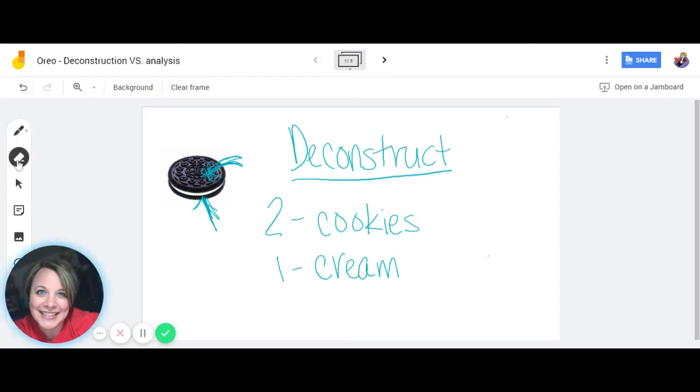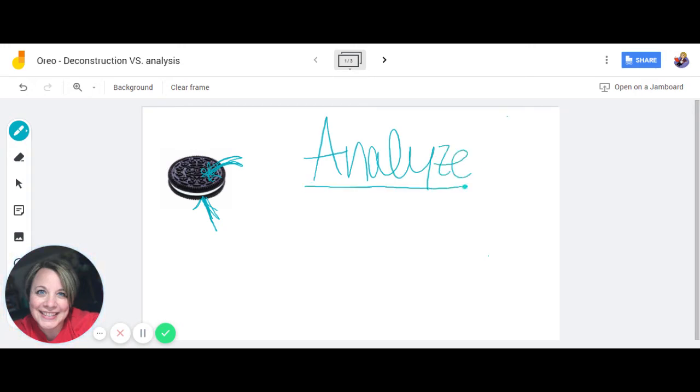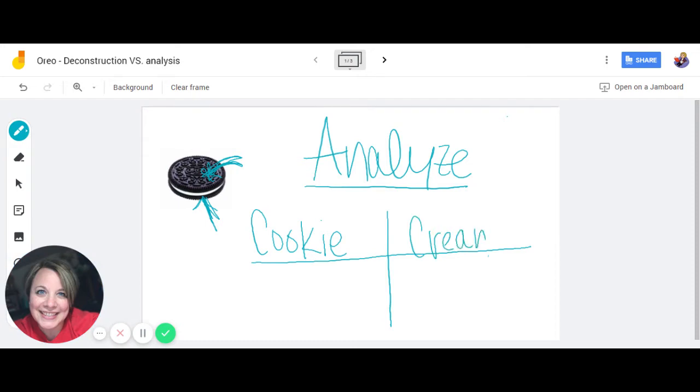Now, if I'm going to take the same cookie and I'm going to analyze it, that means I'm going to go more deeply than just breaking it into its pieces. So let's start talking about the cookie, okay? And we can even make a little T-chart here. Okay, here's my two pieces.